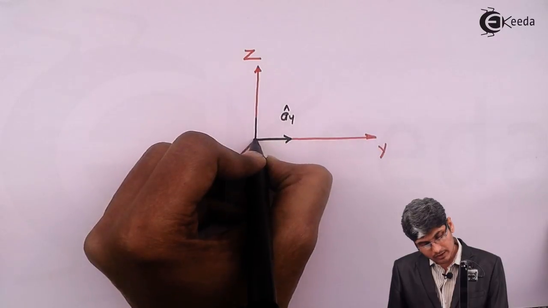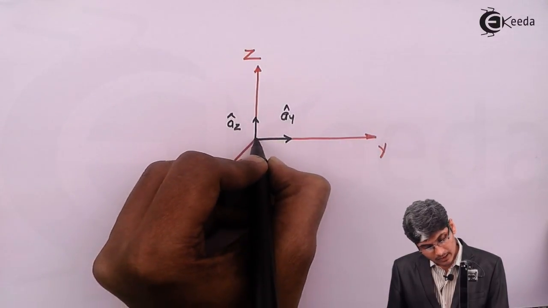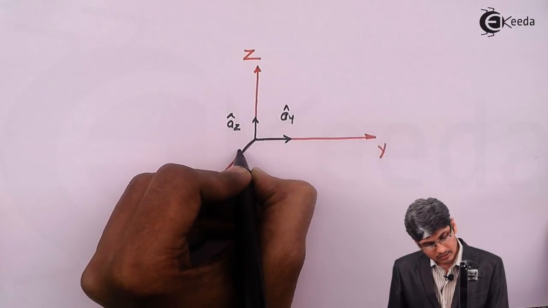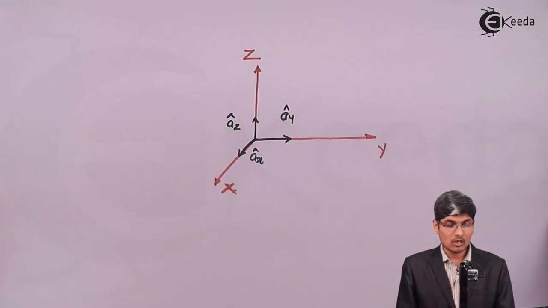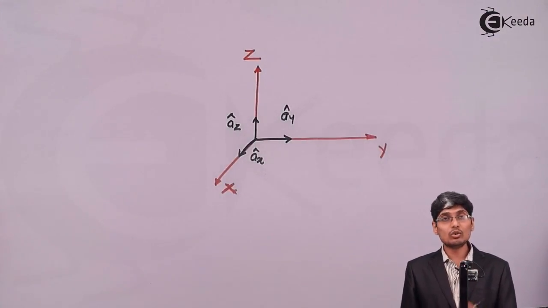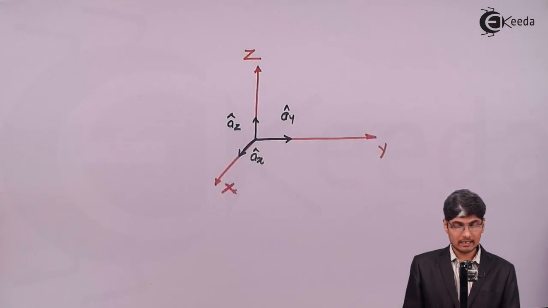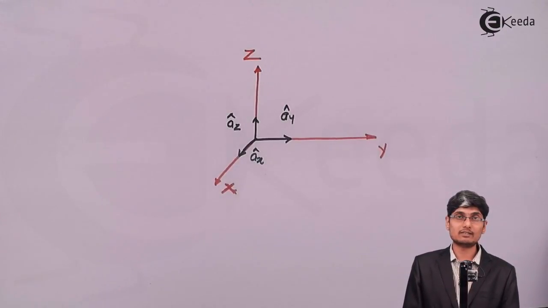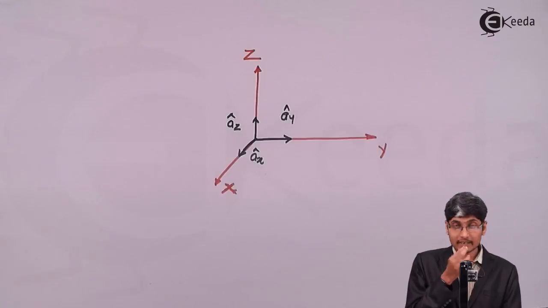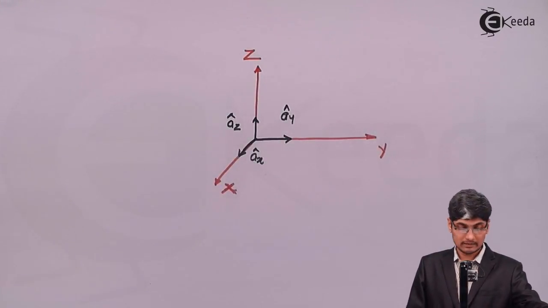If I'm moving in this direction, this is z cap, and if I'm moving in this direction, that becomes x cap. So we have a unit vector in the x direction, a unit vector in the y direction, and a unit vector in the z direction. This is a Cartesian coordinate system, or we also call it a rectangular coordinate system, in which you are allowed to move on rectangles.